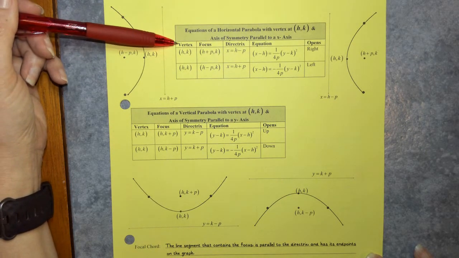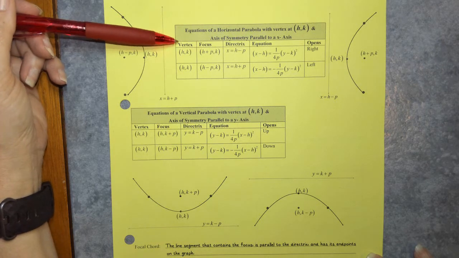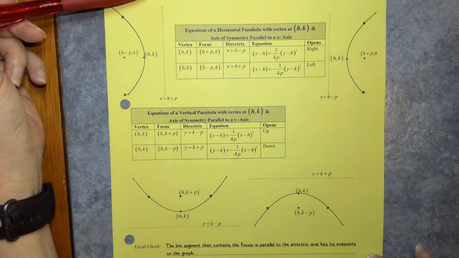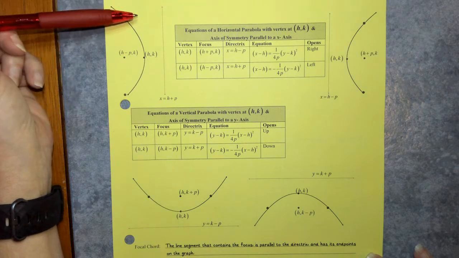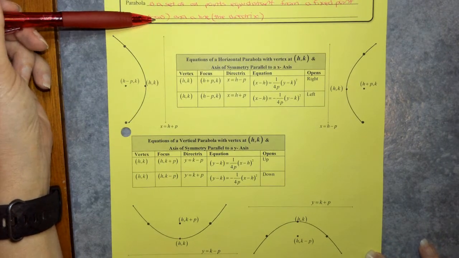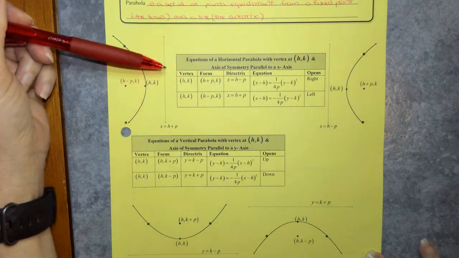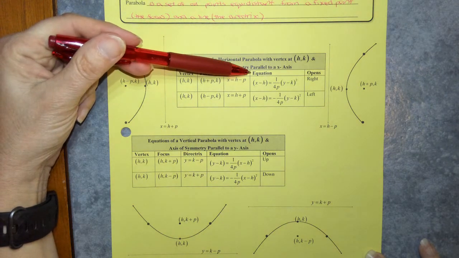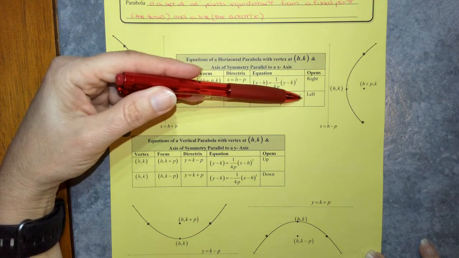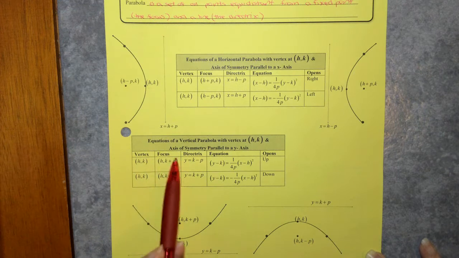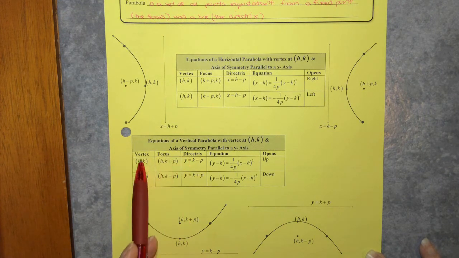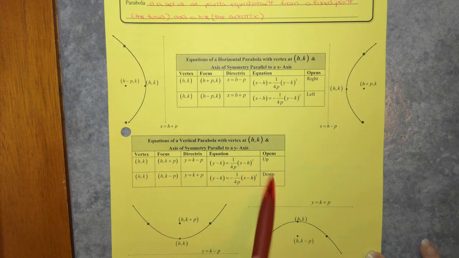Well, we have a vertex. We know that's going to be important. We have a focus and a directrix, which Ms. Olson just talked briefly about in the definition. And then you have an equation, and then you have which direction it opens, left or right. So down here you have vertex, focus, directrix, equation, and how it opens.